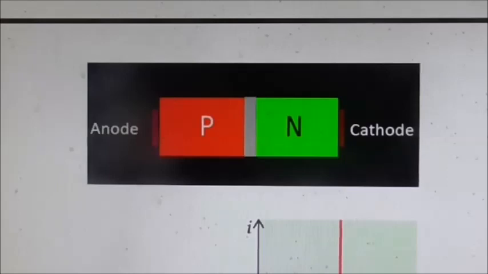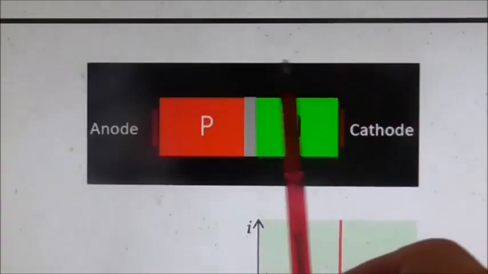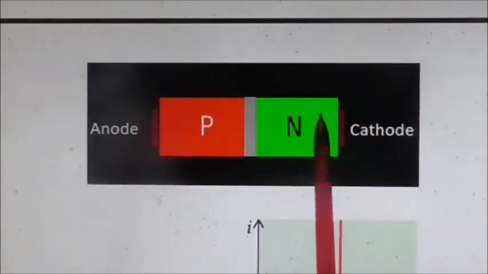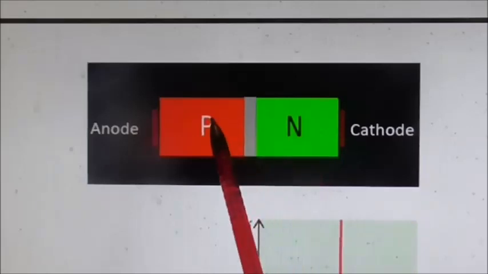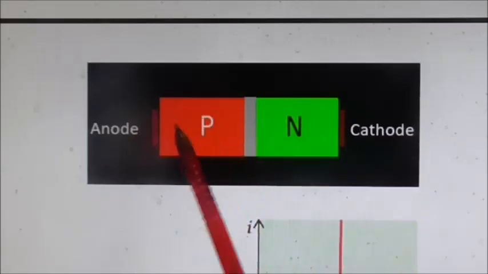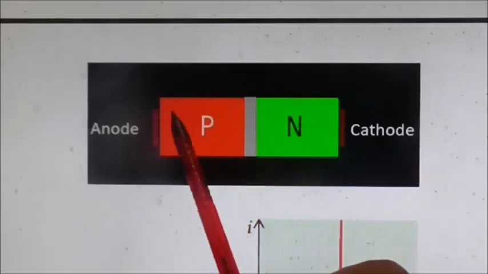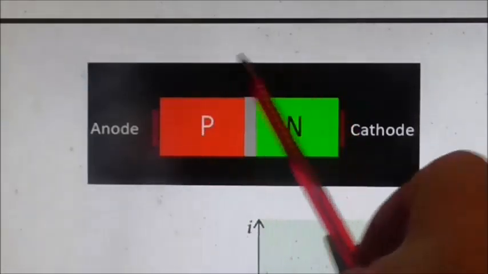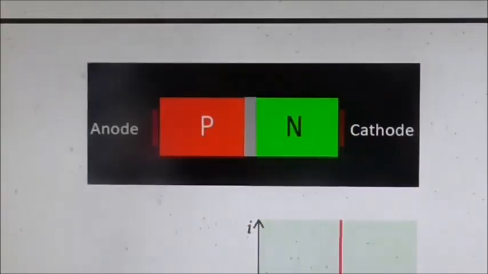What's happening is all the electrons are clustering this end of the diode, and all the holes are clustering this end of the diode, and because they've got that much more distance to go to recombine, they don't, and we'll get no current. In this way, we can think of the diode as the electrical equivalent of the non-return valve.